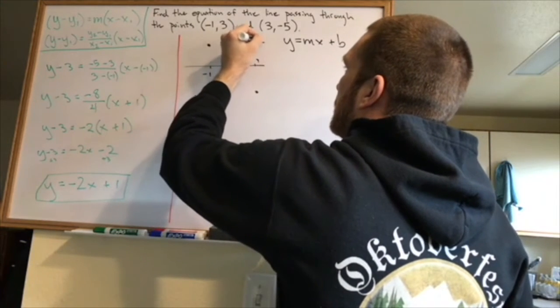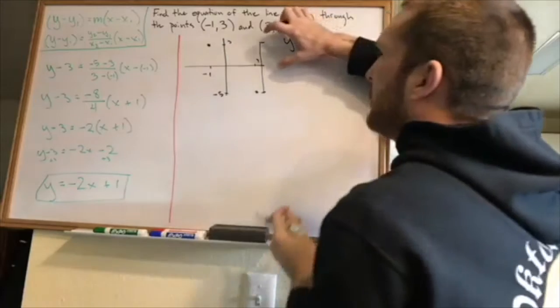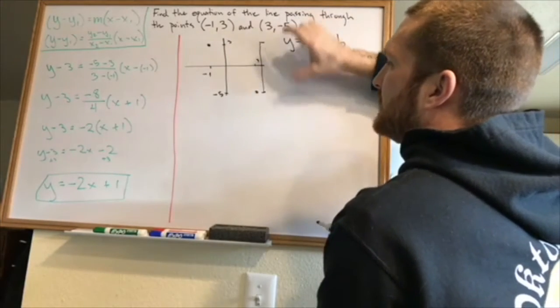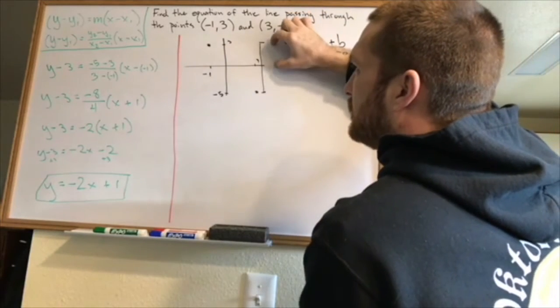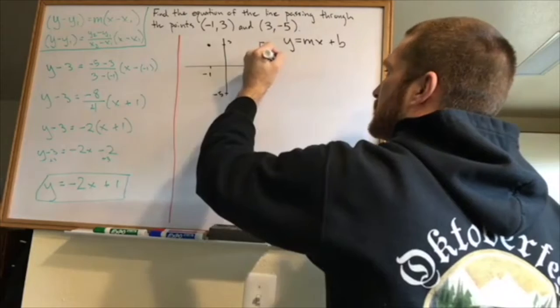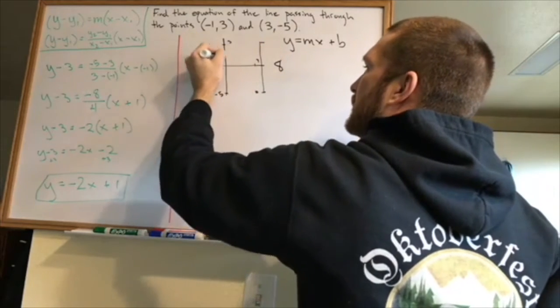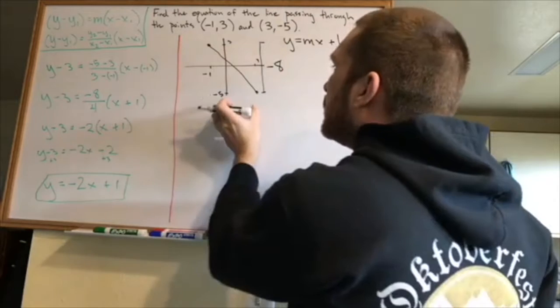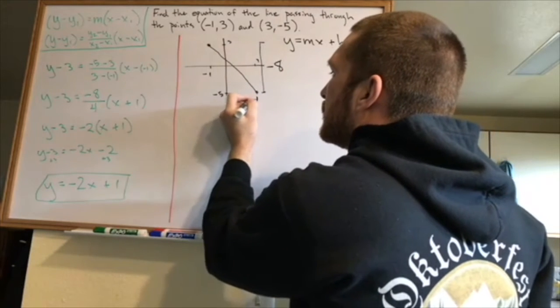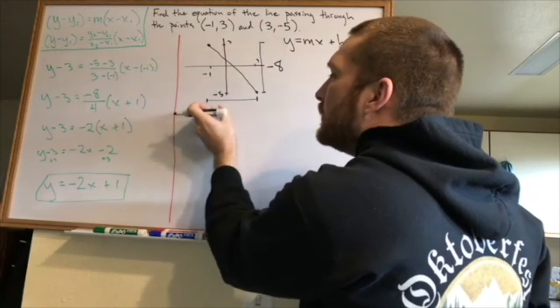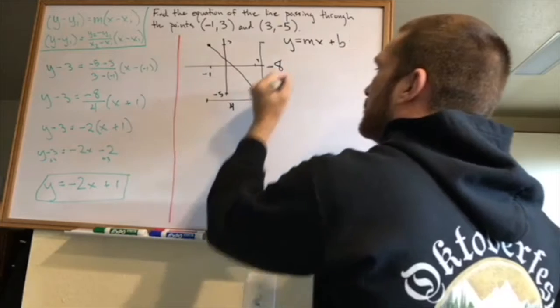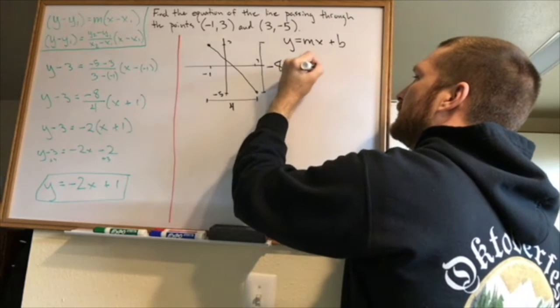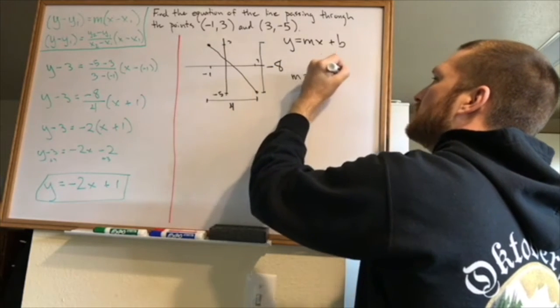The rise goes from 3 down to -5. So that's 5 units there, 3 units there, a total of 8 units. And I could see that it's actually a fall, so it's -8. Okay. 3 units here, 1 unit there is a total of 4. And so the slope is -8 over 4, which is -2.